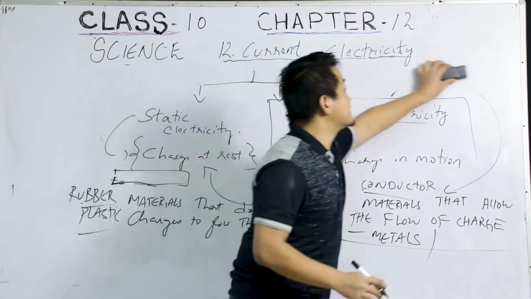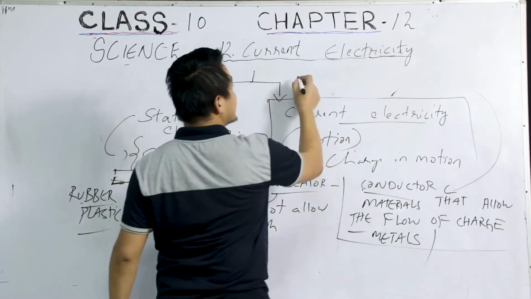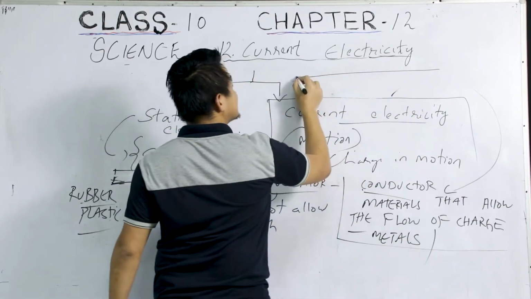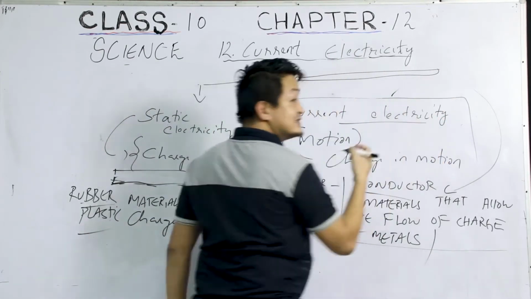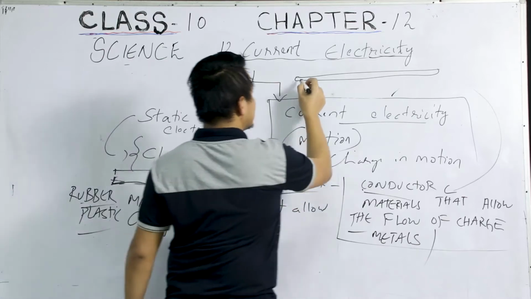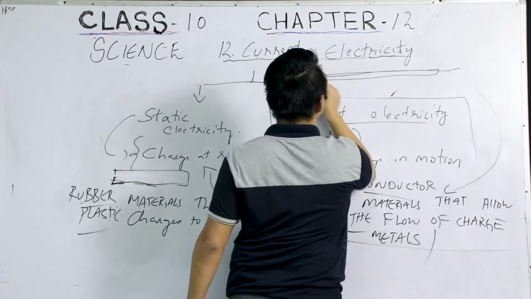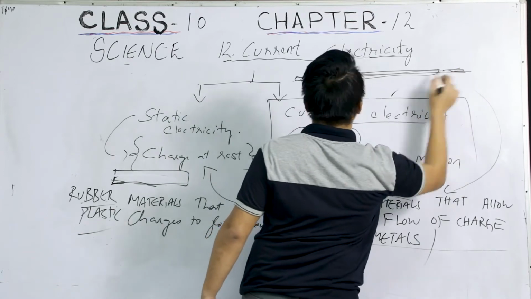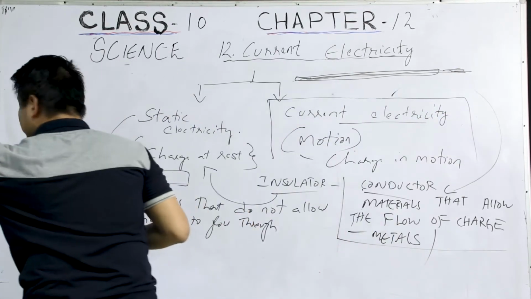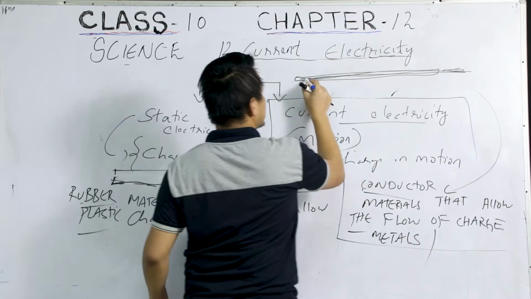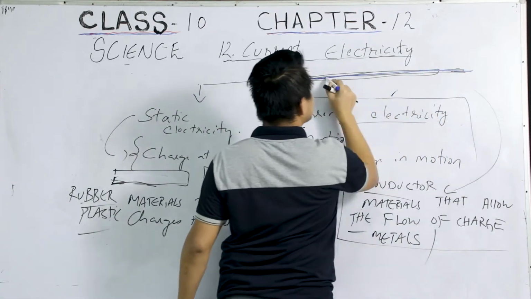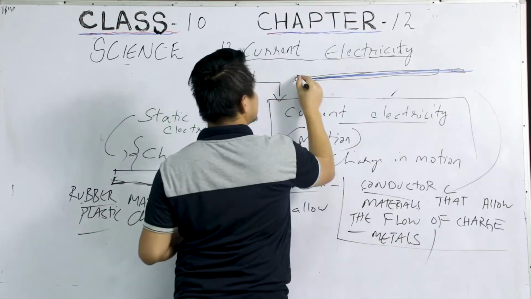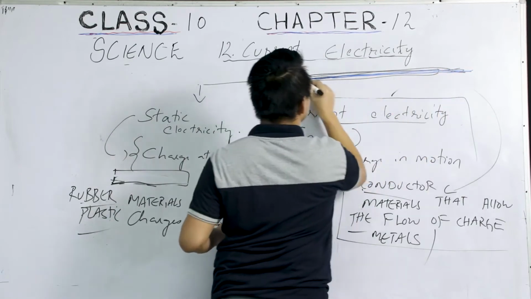Now you have seen a wire, right? A wire would be something like this, and inside you will see a metal, a copper wire. Let's say this is the inside one, and this is the outside.